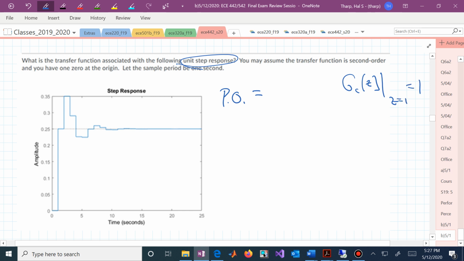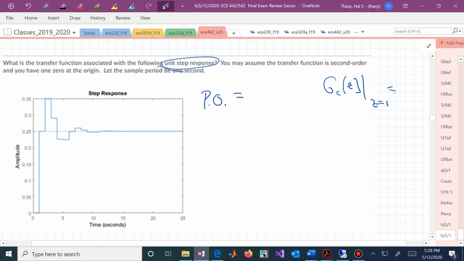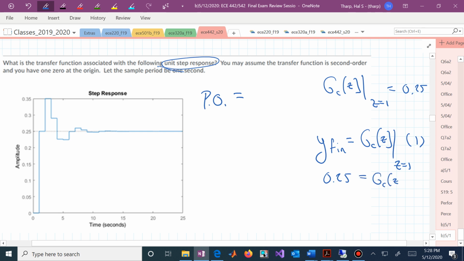We know that when we evaluate whatever we end up with at 1, we better end up with our DC gain equaling 0.25, because we put in a unit step and we get out a 0.25, so y final is equal to g sub c of z with z equal to 1 times our unit step 1. This is 0.25, so that's now what g sub c of z evaluated at z equal 1 needs to be.